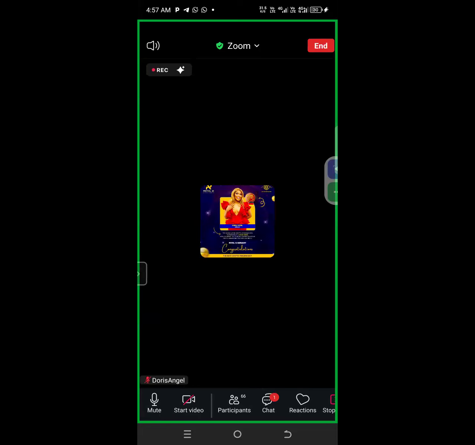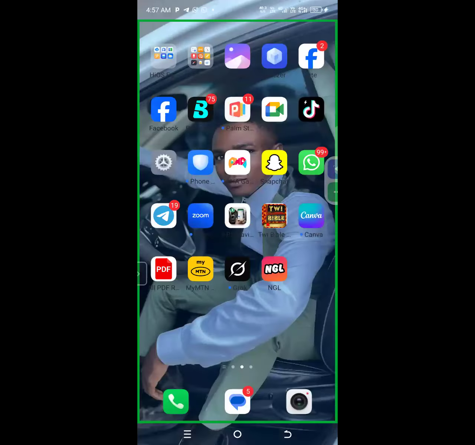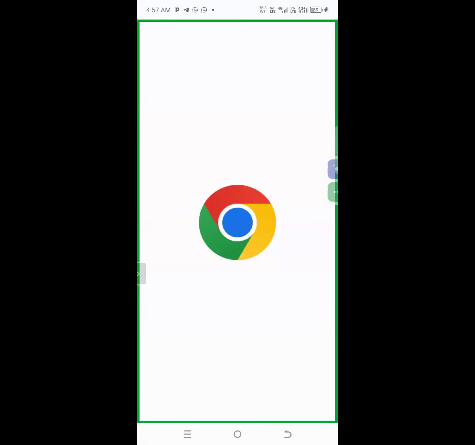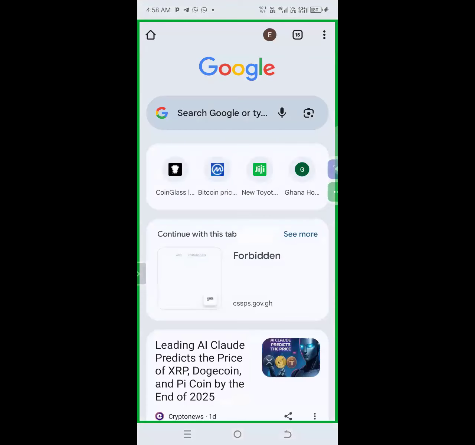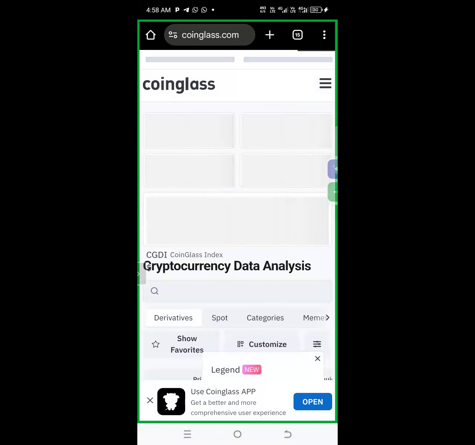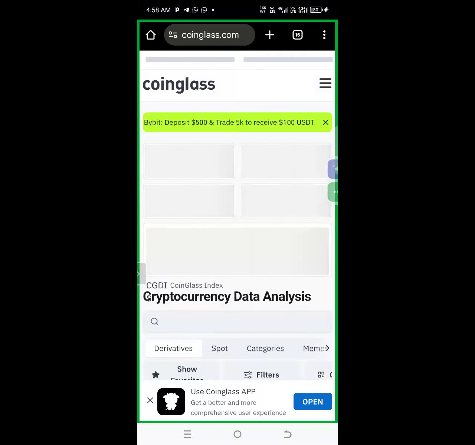Drop your concern in the chat box. How do you see the markets? How do you see the market so far? Drop your concern in the chat box and let me see.